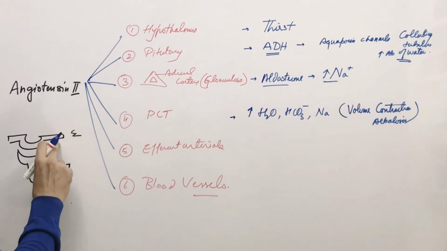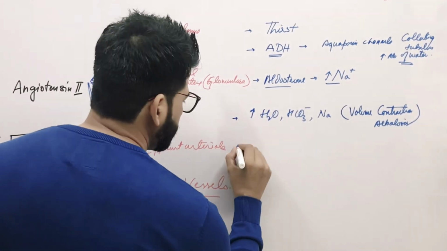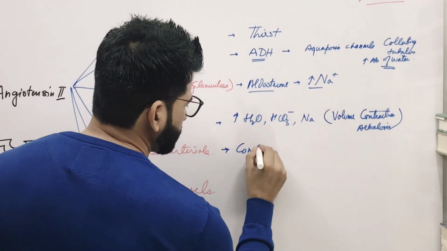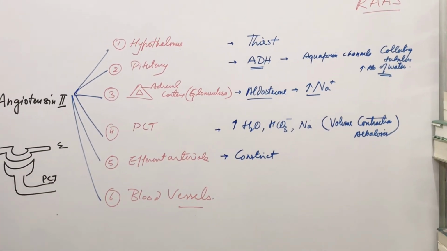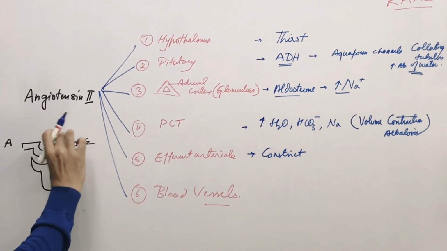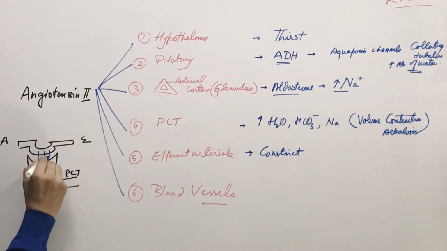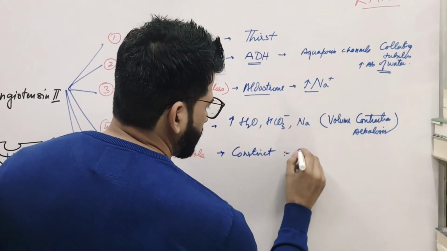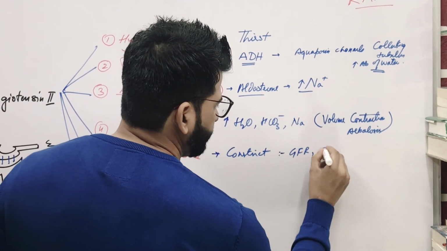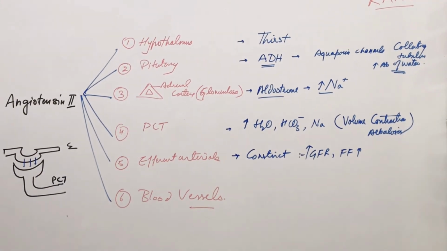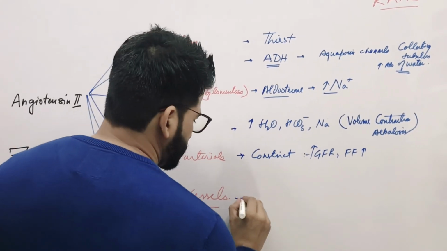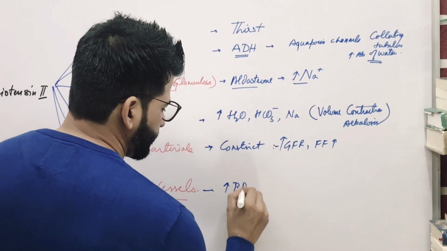Efferent arterioles, what will it do? It will constrict the efferent arterioles. If it constricts the efferent arterioles, what will happen? If you constrict them, this pressure will increase, and hence GFR will increase and filtration fraction will increase. It will constrict the blood vessels to increase the blood pressure.